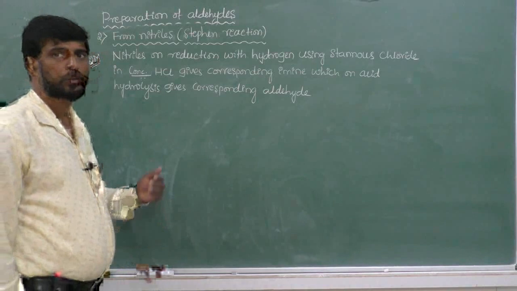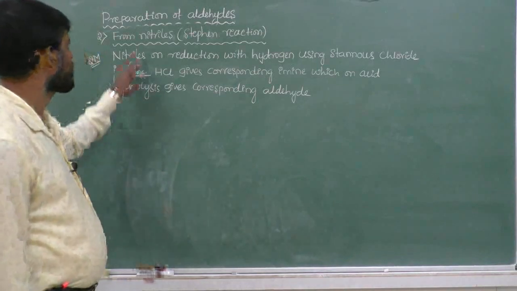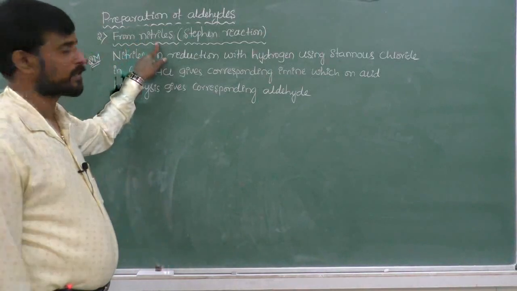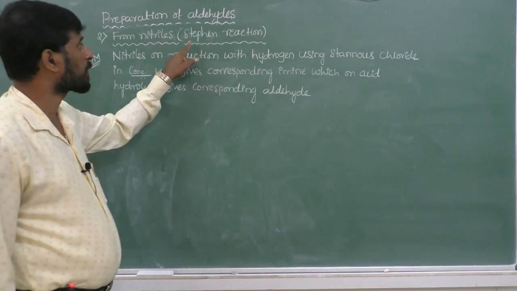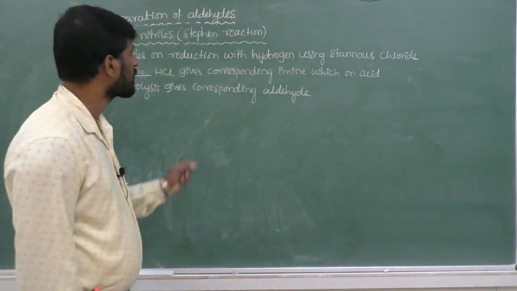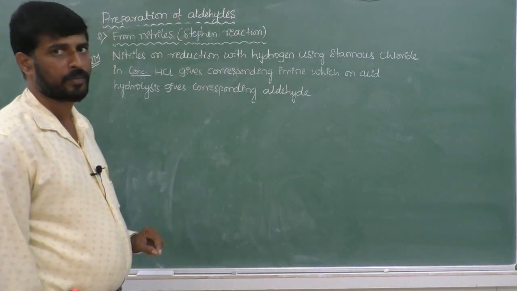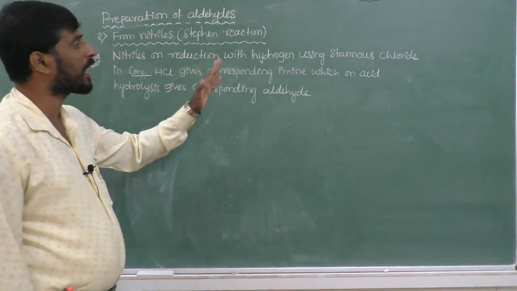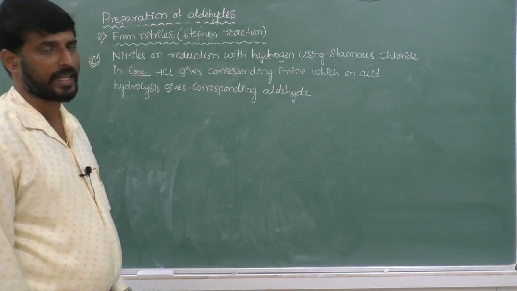Next, we will move on to the second method, that is from nitriles, or we can call them cyanohydrocarbons. This reaction is specially known as Stephen reaction, or Stephen reduction. In this method, how can nitriles be converted into the corresponding aldehyde?